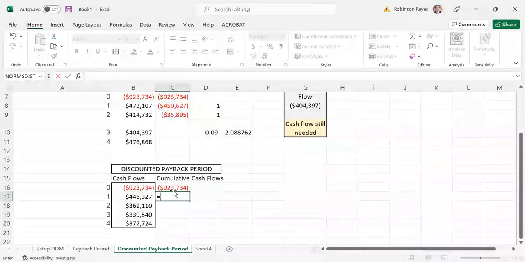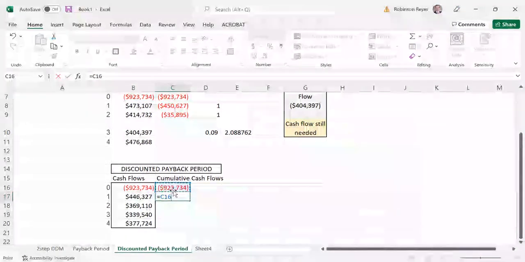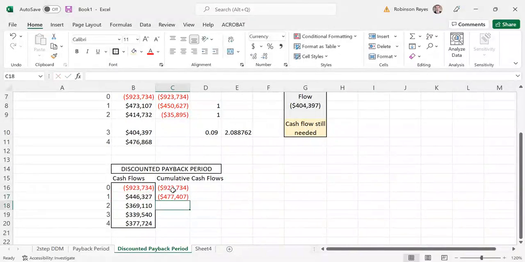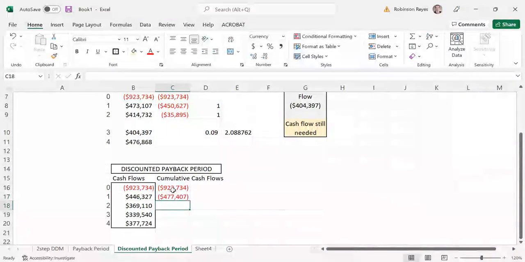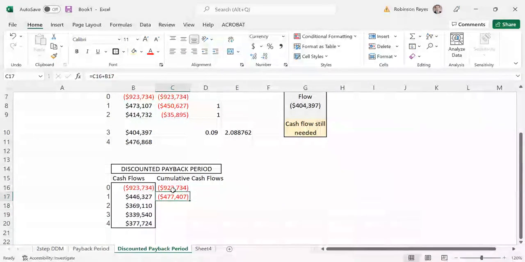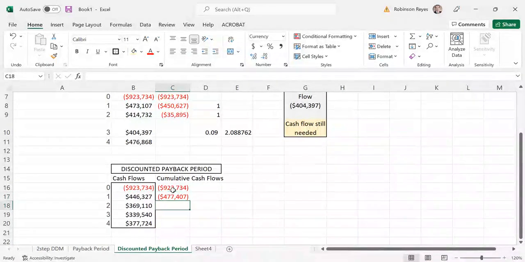When we reach the end of the first year, we acknowledge that we invested 923,000. That's an outflow. But now we're getting back 446,000. That's the discounted cash flow. So we still need $477,000 in present value to recover our initial investment.